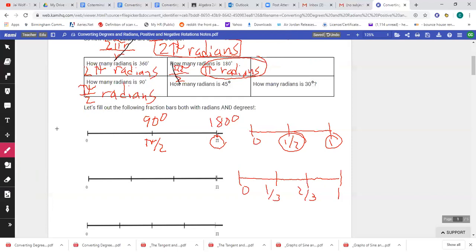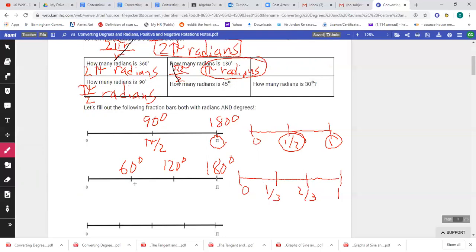Now, same thing happens here. What if I divide it into 3 sections? Well, 180 divided by 3 is 60. And then if I add another 60, this would be 120. So the same thing that happens with the fraction bar, if I divide 1 by 3, I get 1/3.